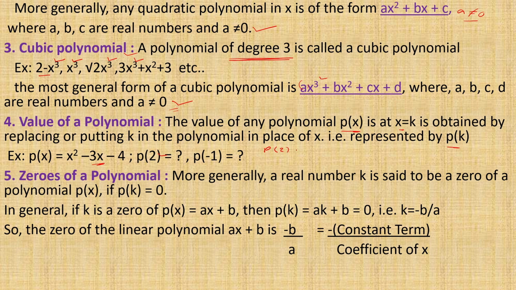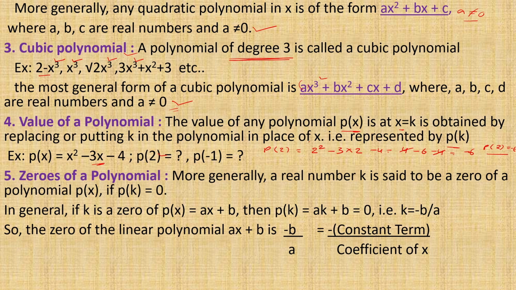So p of 2 is equal to 2 square minus 3 into 2 minus 4, that is 4 minus 6 minus 4, which is equal to minus 6. So p of 2 is equal to minus 6.